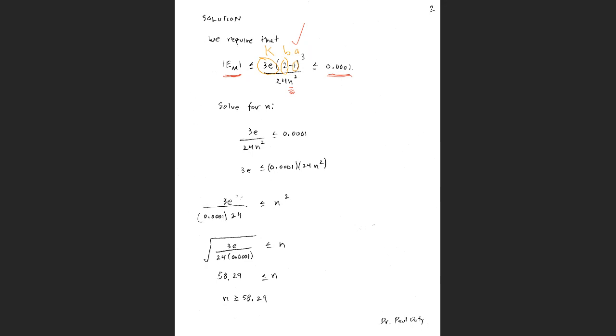So this whole error bound, 3e over 24n squared, is going to be less than or equal to 1/10,000. Now I have an inequality that I can solve for n. What we can do is multiply both sides of the inequality by 24n squared. Hold on, I don't want to get sloppy.